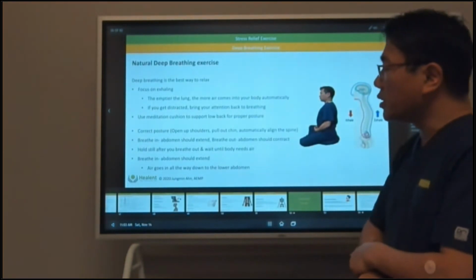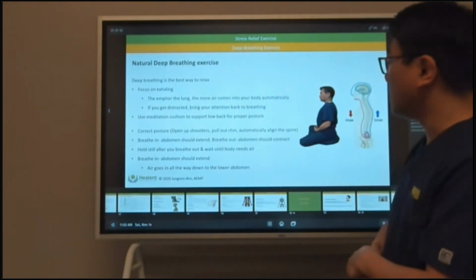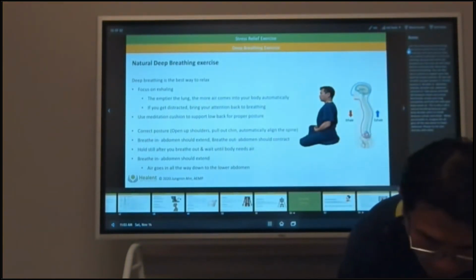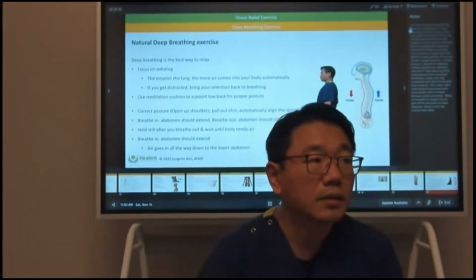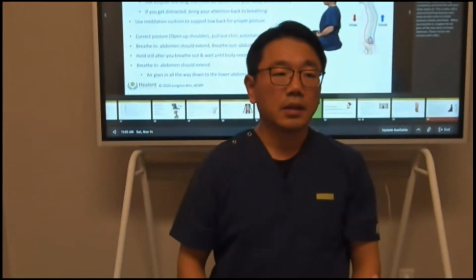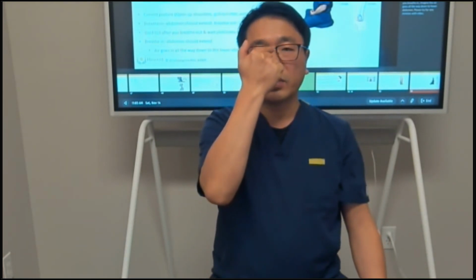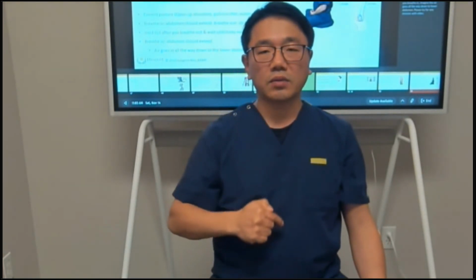You can do some deep breathing with the right posture. Also, it's natural breathing. And breathing in, your breathing is going all the way down to your lower abdomen, and breathe out.